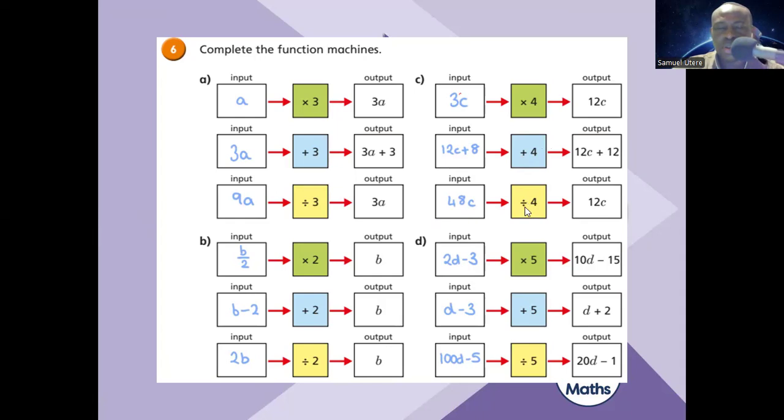The inverse operation of dividing is to multiply by 4 to get what you put in. And then here, the inverse operation of timesing by 5 is to divide by 5. So if you divide 10D by 5, you get 2D. If you divide 15 by 5, you get 3. Okay. All right.